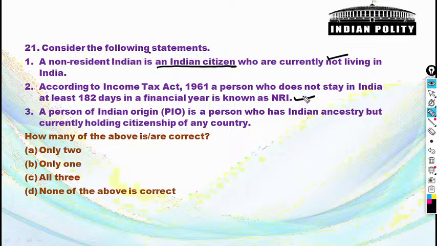A person who lives abroad 183 days out of a year is called a non-resident Indian. A person of Indian origin is one who has Indian ancestry but currently holds citizenship of another country. It may be correct also. Is that clear? So the answer will be C, all three.